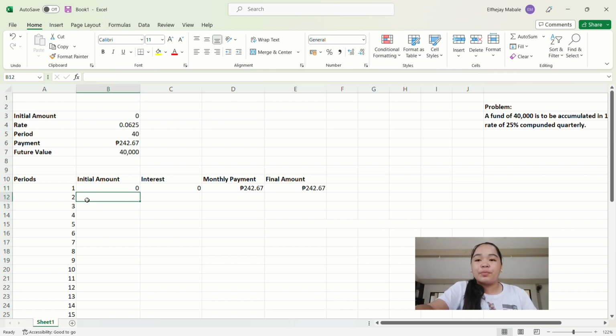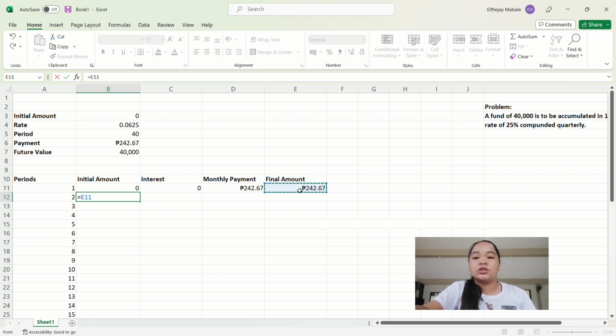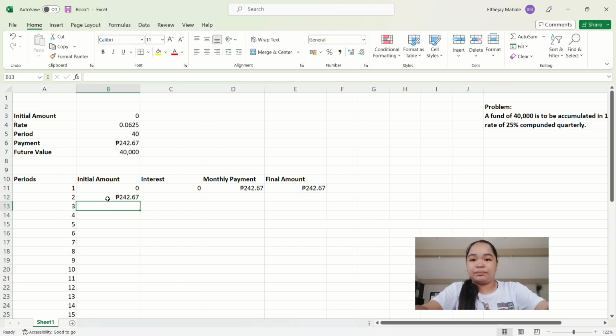During the second period, just the same as in the amortization schedule, type equal sign and then click the final amount, which is our initial amount, and then enter. So our initial amount in period 2 is 242.67.